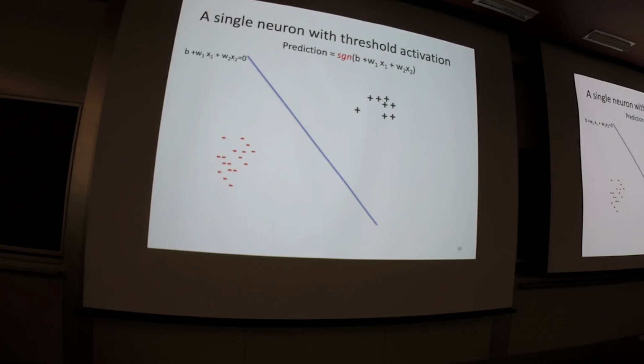Now, if I put two layers, and each is a linear threshold unit, what will the classification boundary be? Is it still a hyperplane? Any guess?